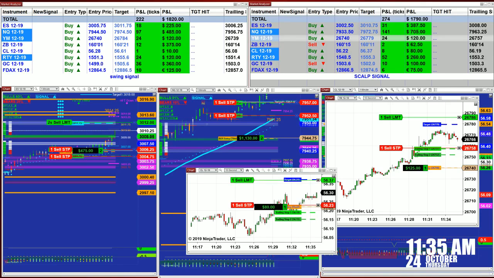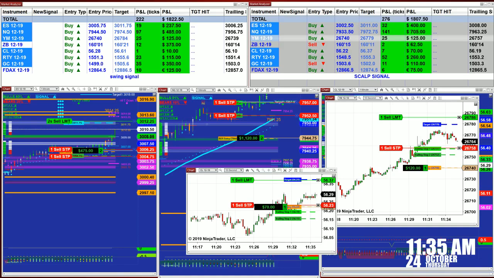The Nasdaq made 1,100, and this is the scalping.